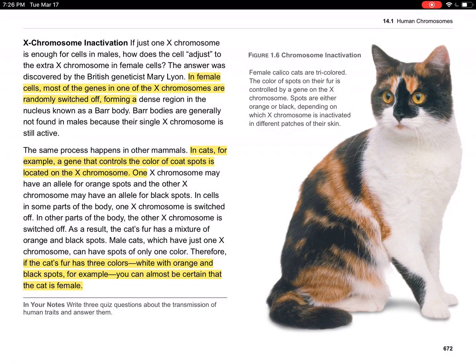Since male cats have just one X chromosome, they can have spots of only one color. Therefore, if the cat's fur has 3 colors, white with orange and black spots, you can almost be certain that cat is female. These types of cats are called calico cats or tricolored cats.